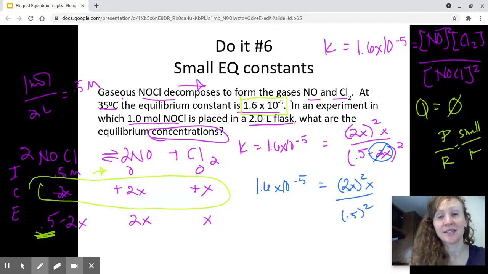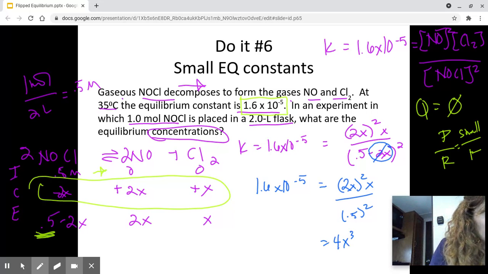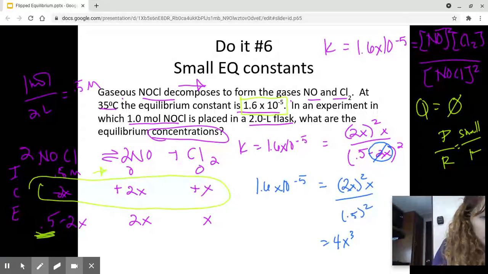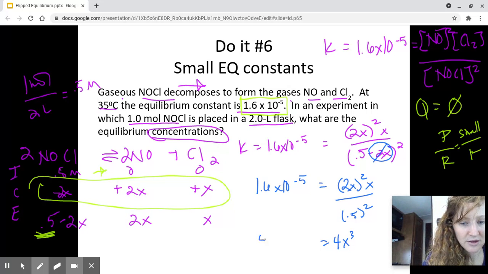Okay, so now let's expand this out, multiply around. So this side becomes 4x squared times x, 4x to the third, equals... okay, so this is going to be, I think, 4 times 10 to the negative 6.